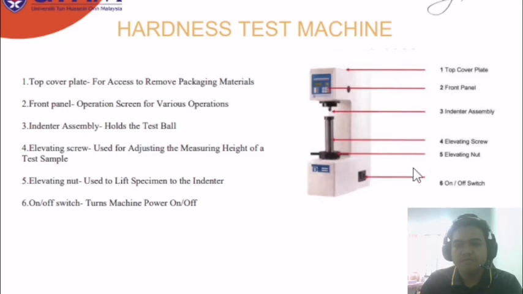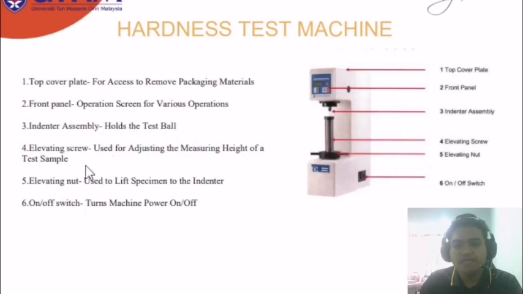There are 6 points that we will have a look at first, the main points and their functions. Firstly is the top cover plate. It's for access to remove the packaging material. Secondly is the front panel. It is used for operation screen for various operations. Thirdly, there is an indenter assembly which holds the test ball.